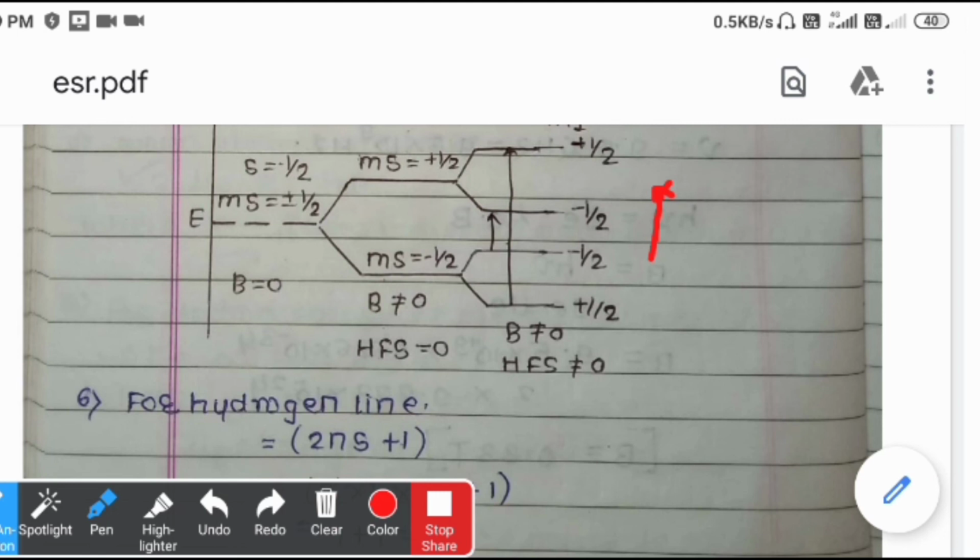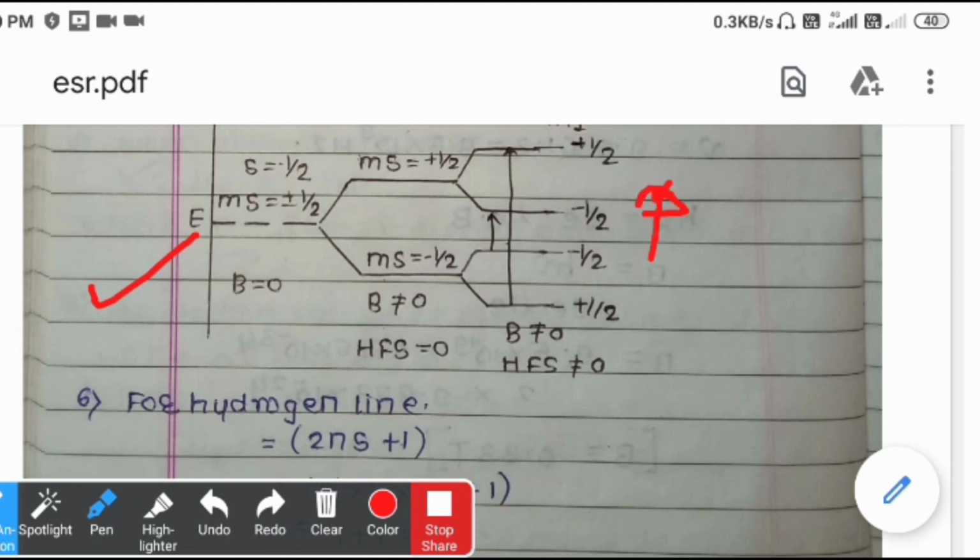All these things are necessary if we are writing down the theoretical explanation for how hydrogen gives the split lines, how we get the two lines in the ESR spectrum for hydrogen. Then we need to give this overall explanation.